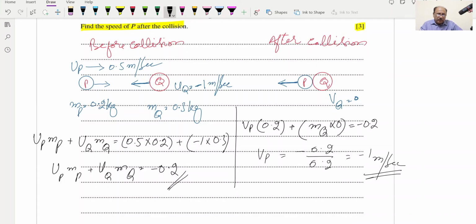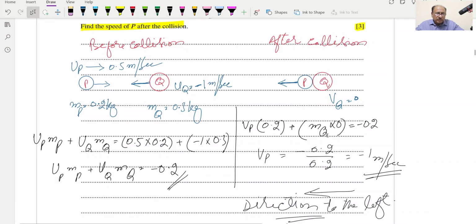So this is the velocity of P after the collision, and the minus sign means the direction will be to the left. This is a 3-mark question which we are done.